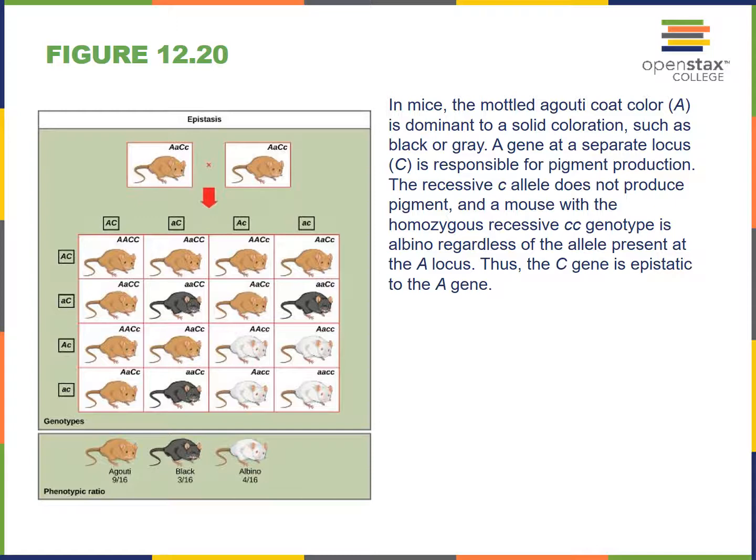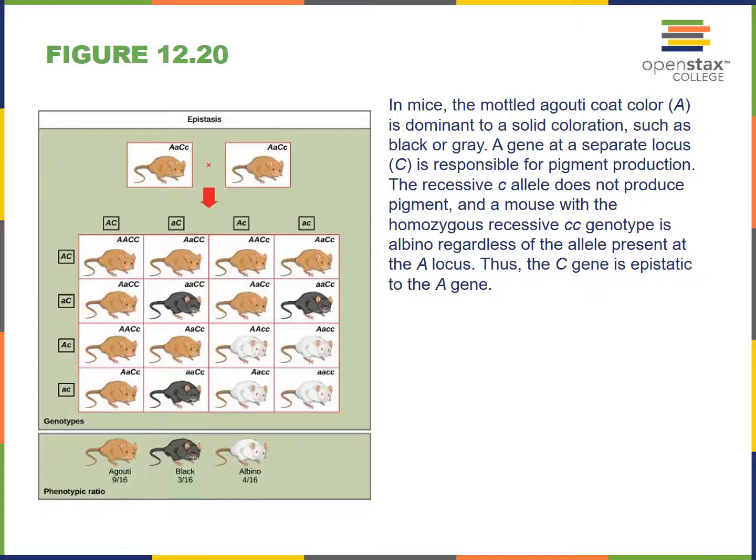If we're talking about Labrador coat color or mouse coat color, we're typically talking about epistasis. We'll go over some epistasis problems in lab. But the definition is that a gene at one location, one locus, affects a gene at a different locus, whether it's expressed or not.